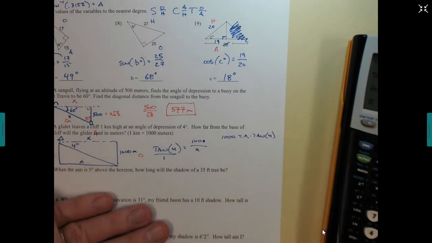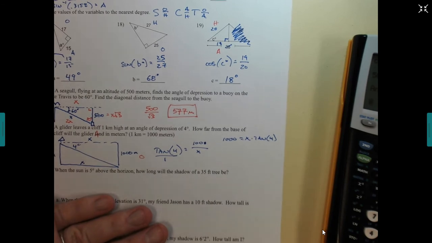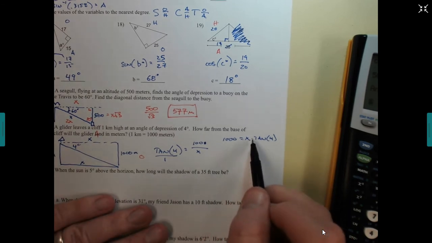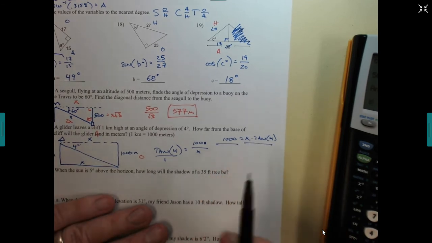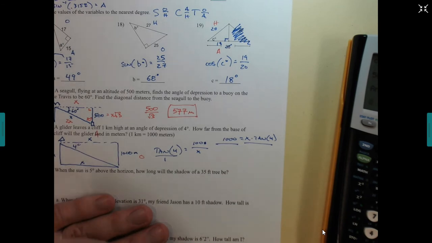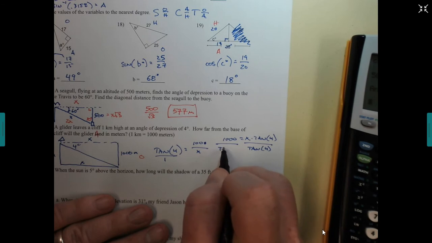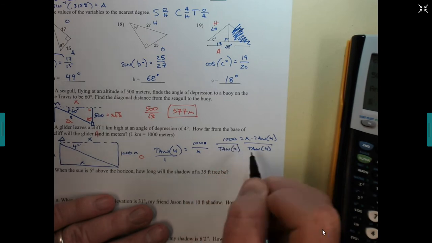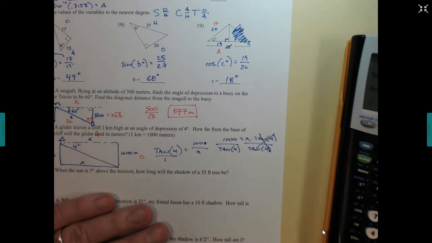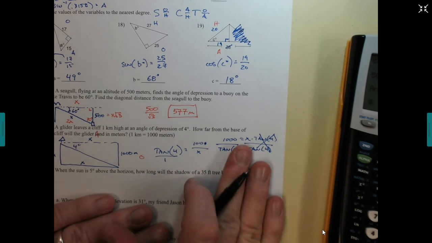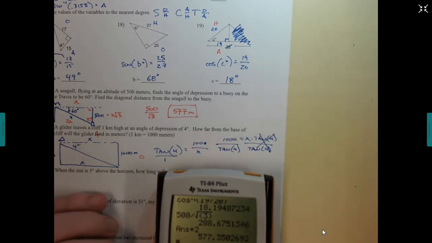I don't want to grab my calculator until I have x by itself. Only way to get x by itself, I see multiplication, I'm going to use division. I'm going to try and keep it simple. Divide by the tangent of 4, because remember the tangent of 4 is just some crazy number the calculator has memorized for me. If I got x by itself, that's my time to grab a calculator.